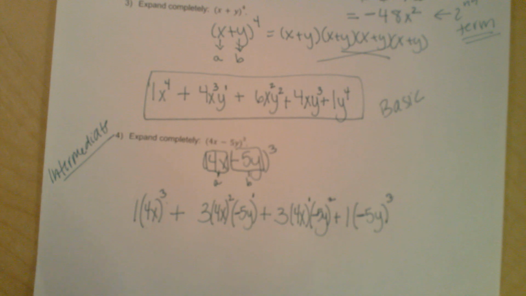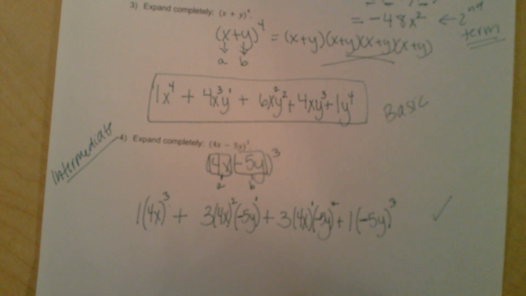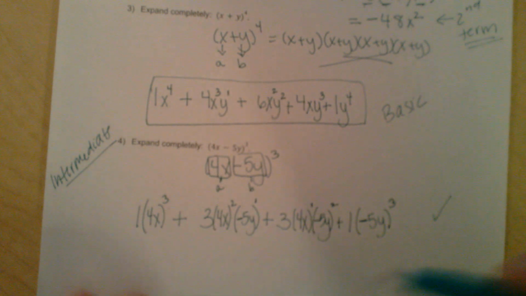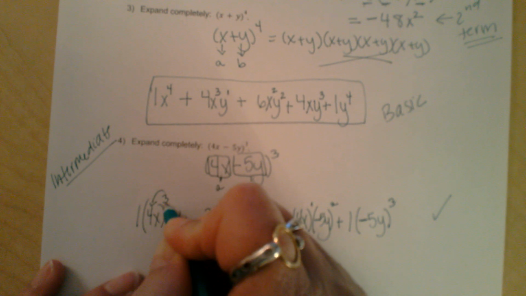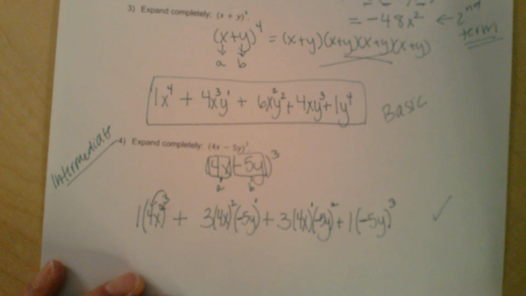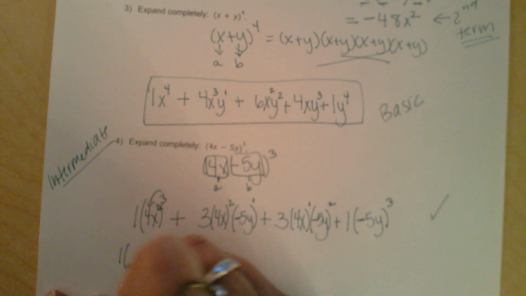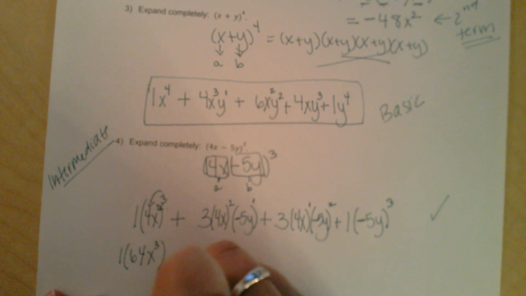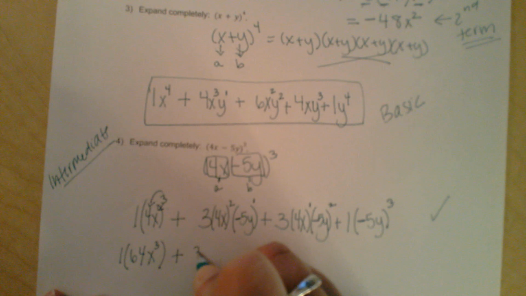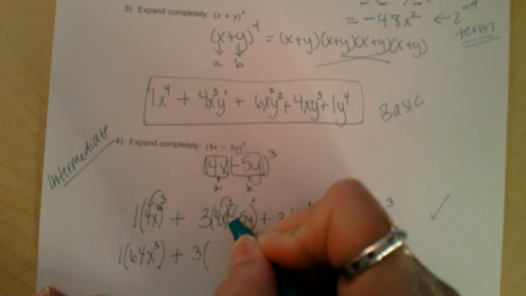Okay, we have some cleaning up. So if you can get here, that's wonderful. Now we just need to take it to that next step. Let's clean things up a little bit. So that means we're going to need to do 4 to the third power and x to the third power. And so it's going to be 1 times 64x cubed plus 3 times, now we're going to need to do a 4 squared and an x squared.